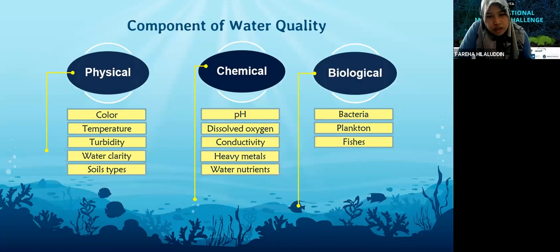The biological part, bacteria, plankton, and fishes, provide important information about the health of the aquatic ecosystem by the occurrence of certain species. Because different organisms have specific conditions to live in, whether low pH or high pH, low temperature or high temperature. So that will indicate the water quality.